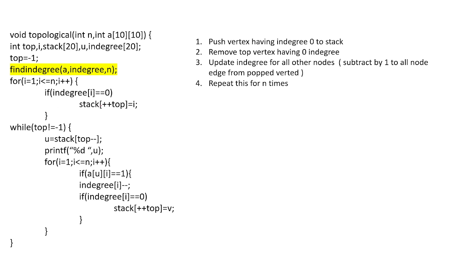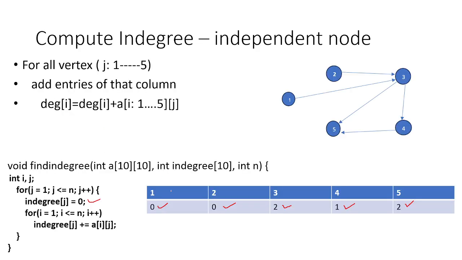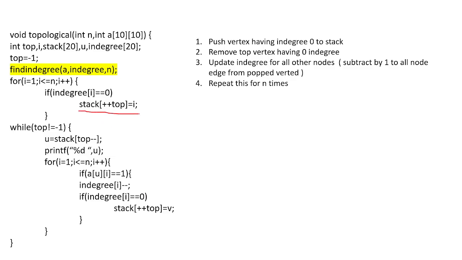After that, you have to push the vertices whose in-degree is 0 into the stack. Initially, we are going to push 1 and 2, the only two with in-degree 0.